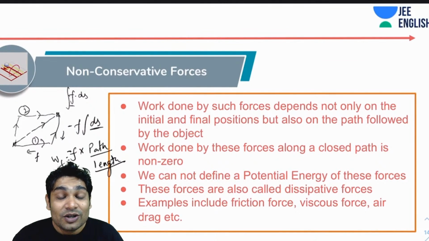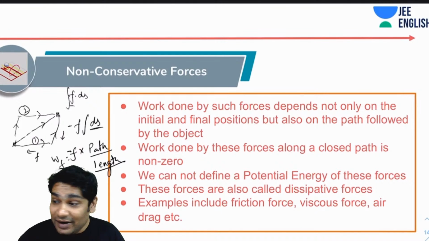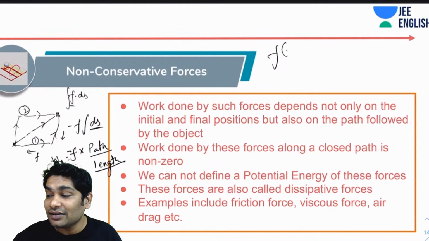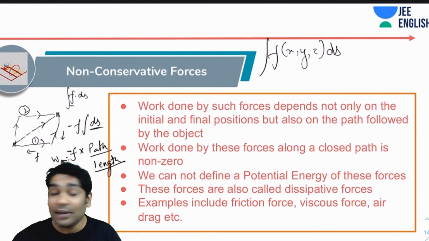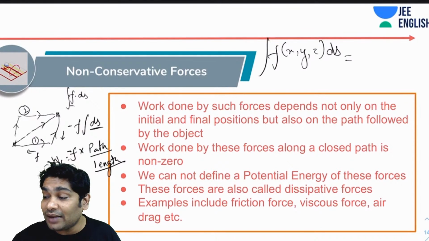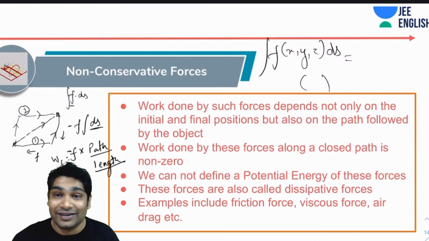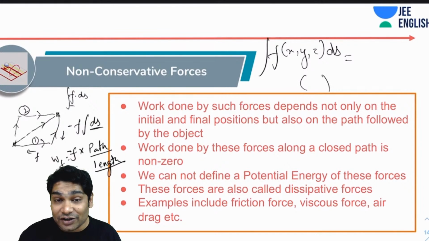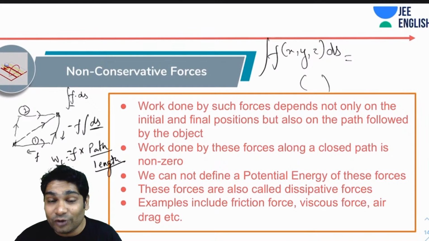So now if I'm integrating this, every time I'm getting a different result, which means every time the function that I get will be different. I am not getting the same function of position again and again. One time it may be g of 2 minus g of 1.